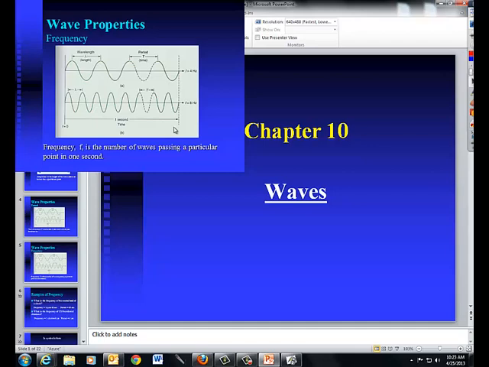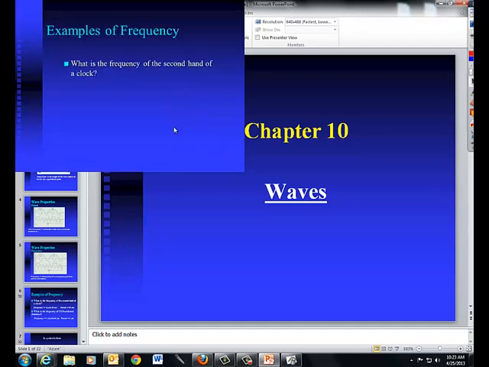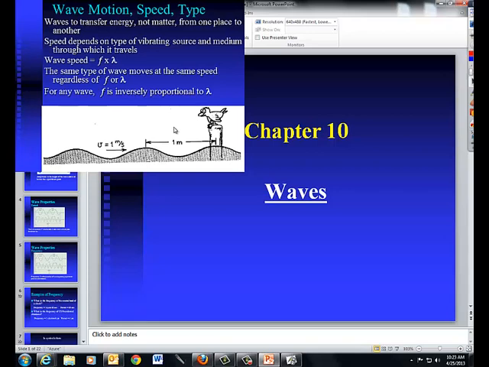It's kind of a no-brainer, but this just gives you a picture so you can think about it. If there's more waves, the wavelength is shorter. If there's fewer waves, the wavelength is longer. So that's what it means when it says frequency and wavelength are inversely proportional. When one goes up, the other goes down, and vice versa.